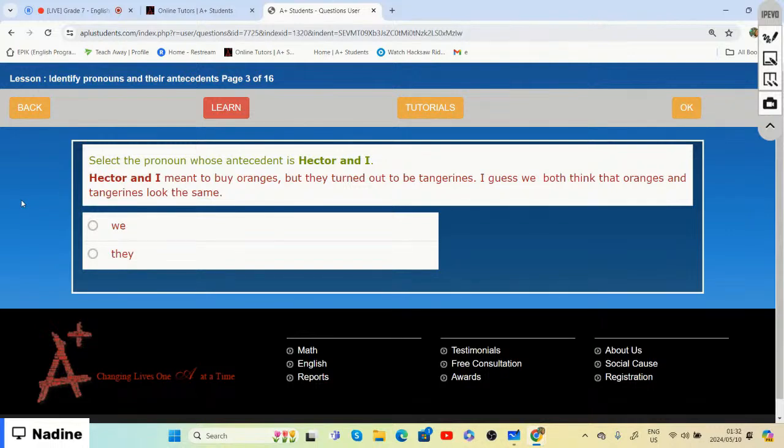Hector and I meant to buy oranges, but they turned out to be tangerines. I guess we both think that oranges and tangerines look the same, which I also thought. So, Hector and I, the pronoun, is it we that refers to Hector and I, or they that refers to Hector and I?